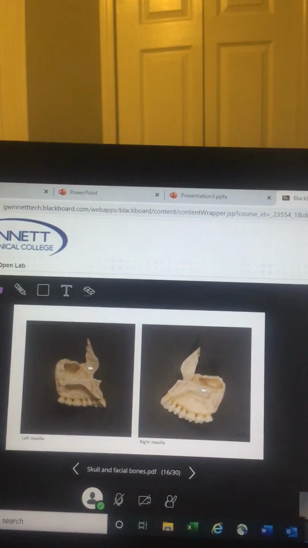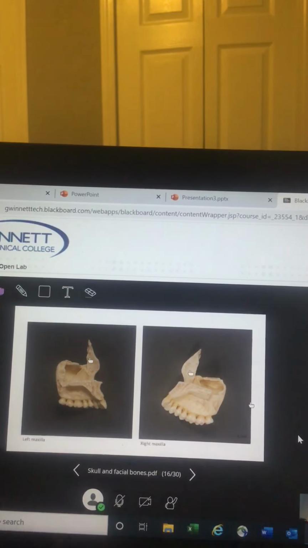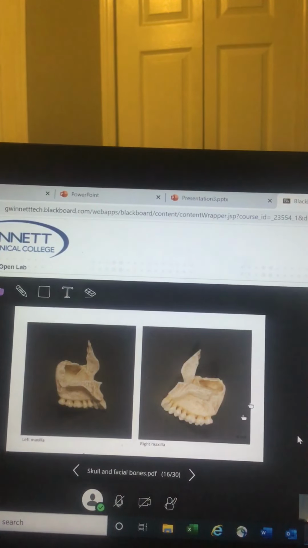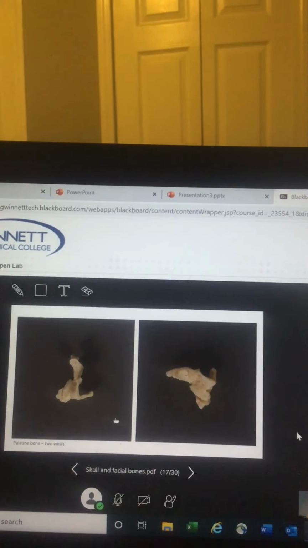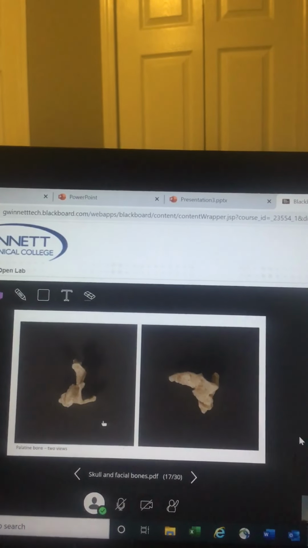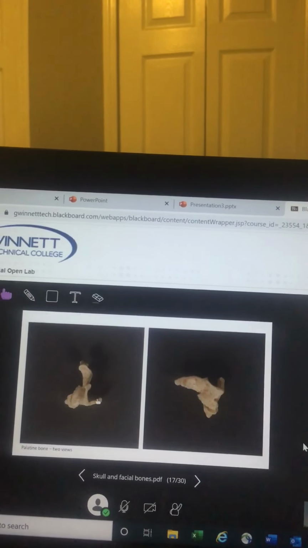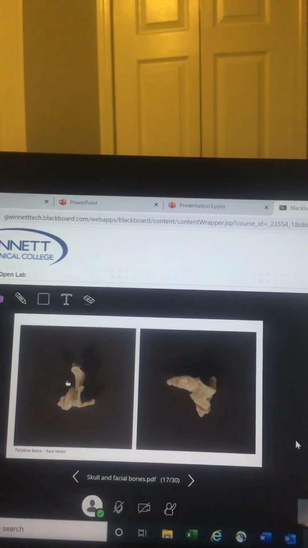Exactly. Palatine process. Beautiful. This is it right here. Okay. So when we're looking at the palatine bone, okay, this is going to be the horizontal plate. This is a perpendicular plate. This is the orbital process of the palatine bone.